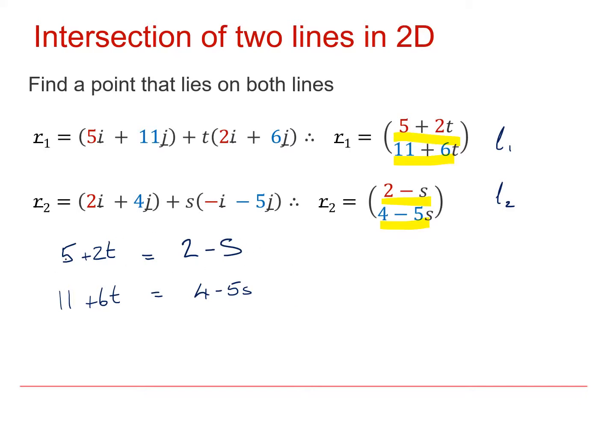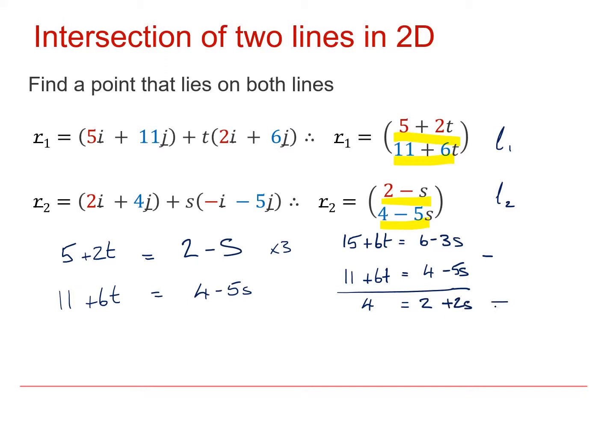So if I take this first equation and multiply it by 3, I'm going to get 15 plus 6t is equal to 6 minus 3s, and I've got the other equation 11 plus 6t is equal to 4 minus 5s. If I take these 2 away now, I'm going to get 4 from the left hand side, and I'm going to get 2 plus 2s from the right hand side.